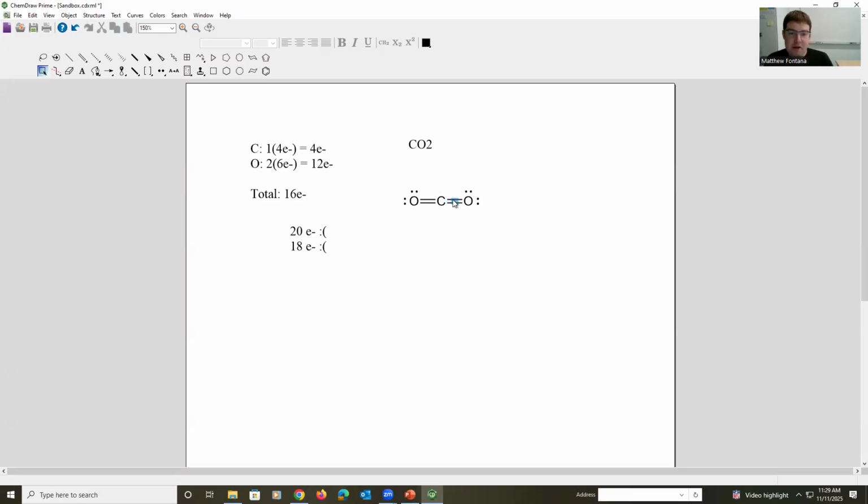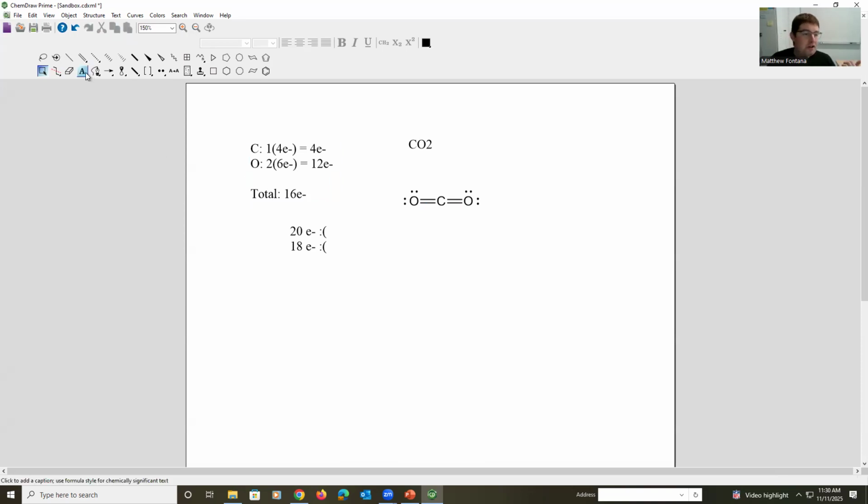And then we go to 14 and 16 with the rest, which now matches the 16 electrons that we have. And this is the correct Lewis structure for carbon dioxide. Okay, so you notice that every atom has an octet, and the total number of electrons that we're using is 16.